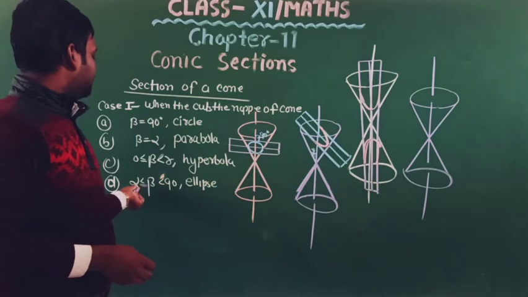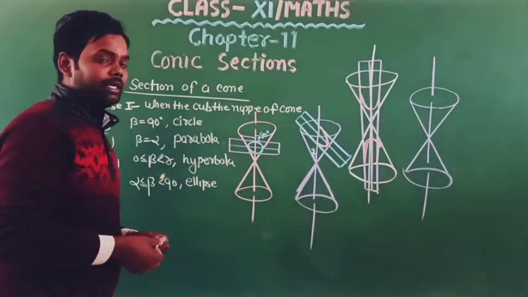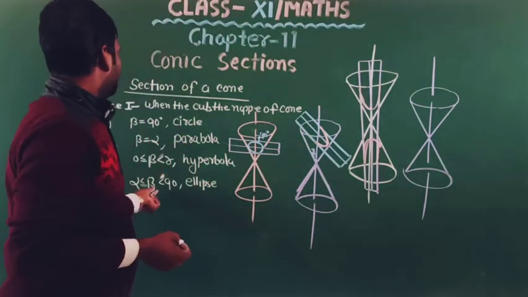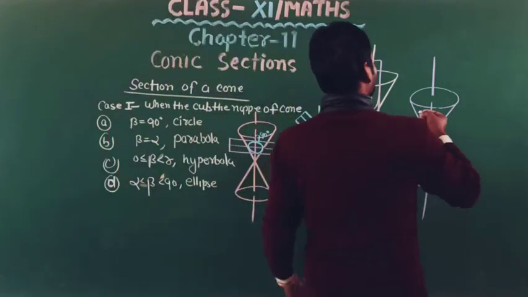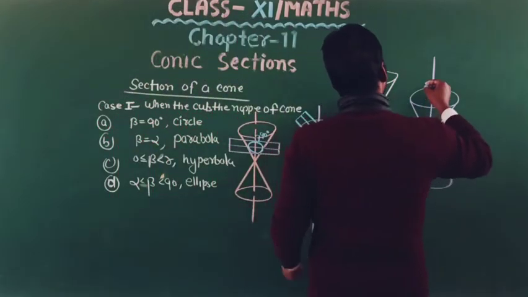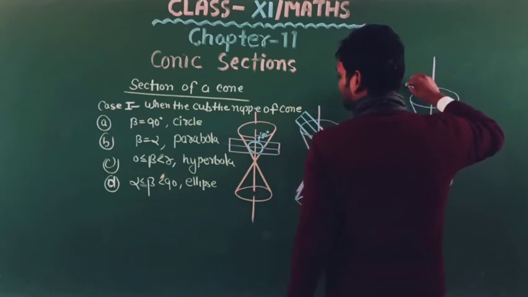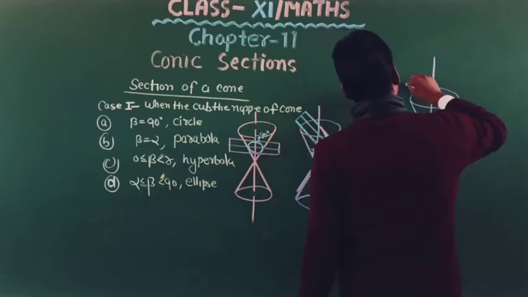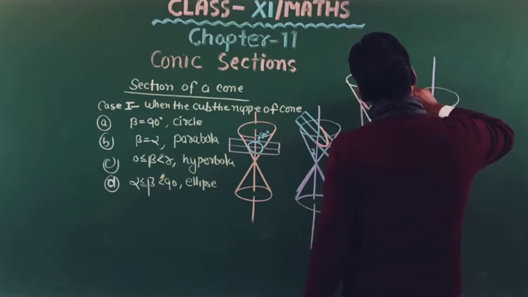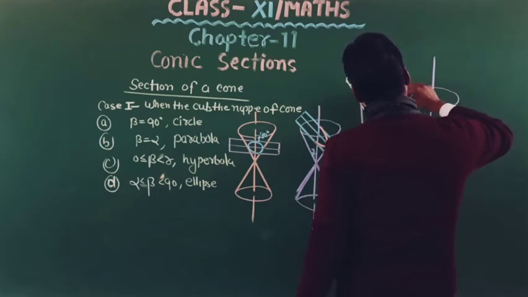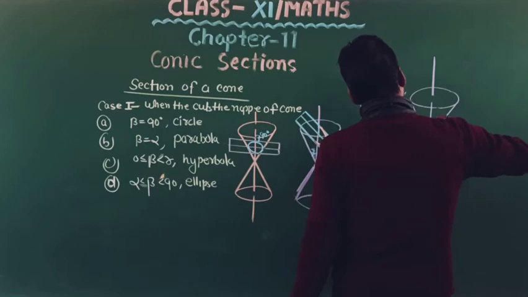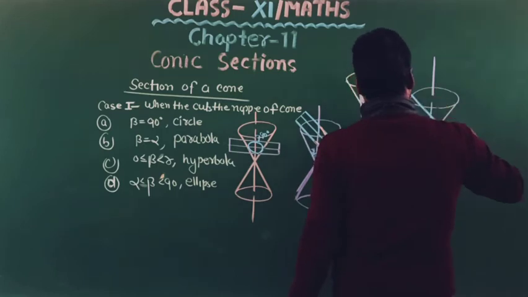Here beta is greater than alpha and less than 90, so the plane is arranged like in this form.